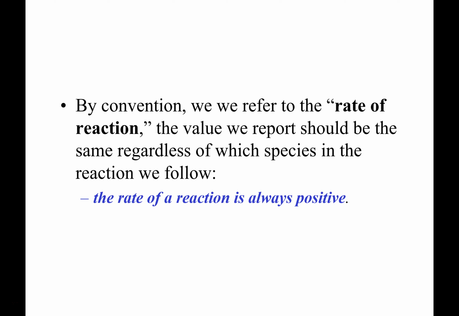So the rate of the formation of products will always be positive, okay? And I call it the rate. So I have the change in concentration of the reactants, those rates, but then I have the reported rate, and it's always going to be positive.